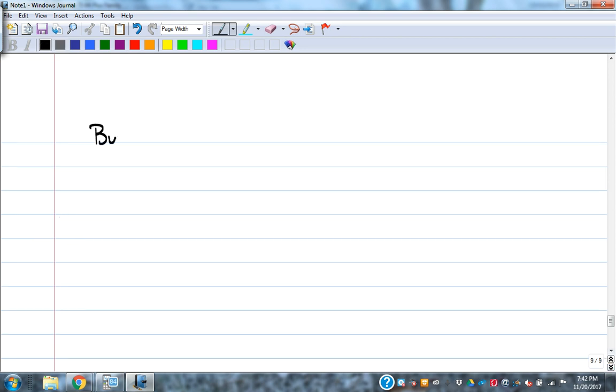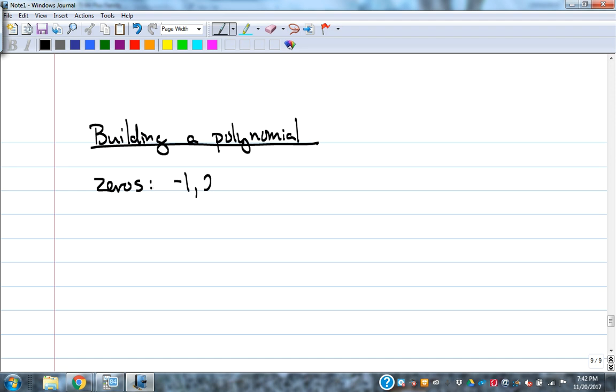So let's start with a polynomial. They're going to have to give us a ton of information here. They've got to give us the zeros of the polynomial for us to build it. Okay, so the zeros are negative 1, 2, and 4.